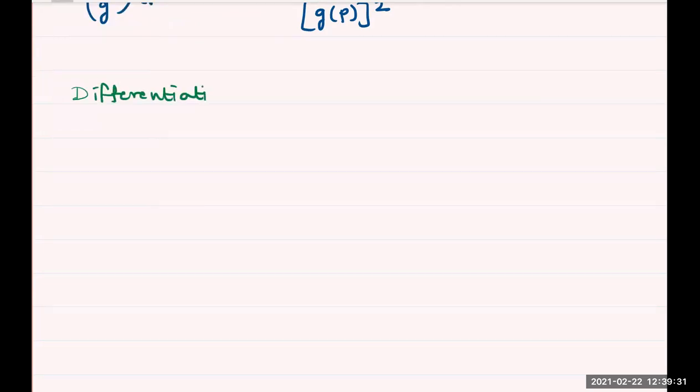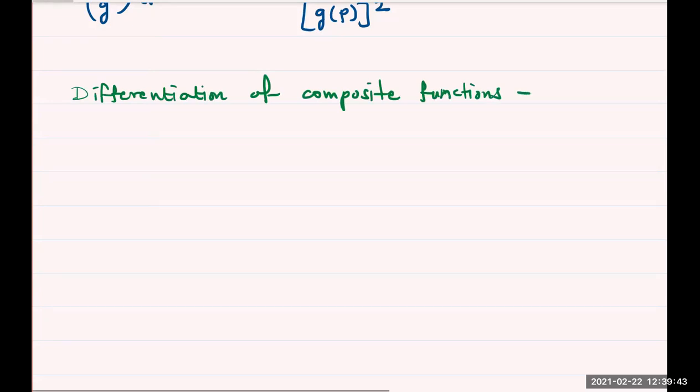Differentiation of composite functions. First of all let me ask you, you know what is a composite function?